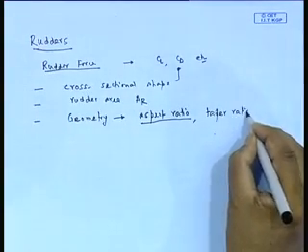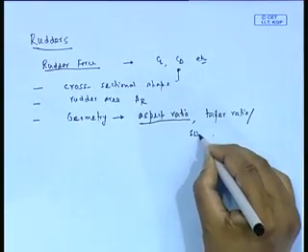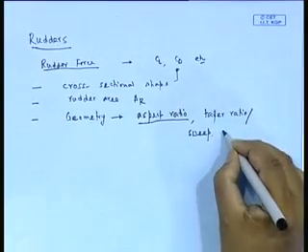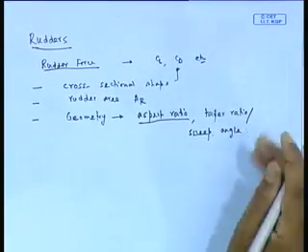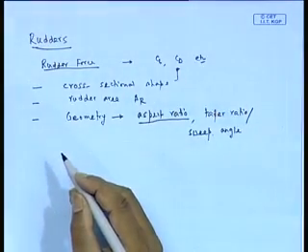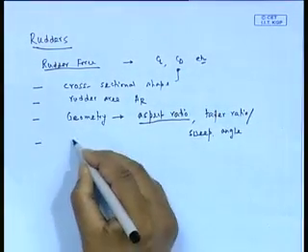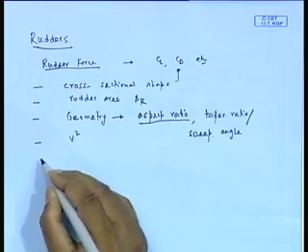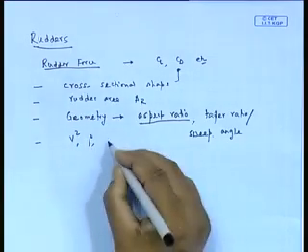Then taper ratio, sweep angle. Essentially, we discussed this, that is how it is tapered. It will of course depend on V square, rho, and angle of attack alpha.